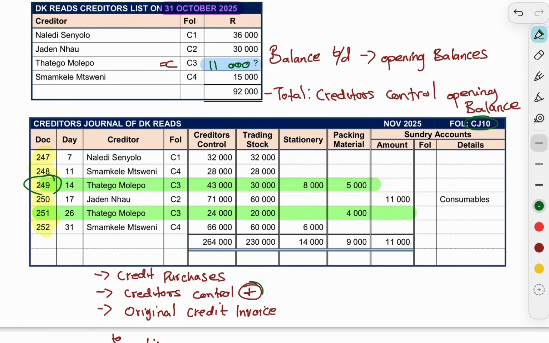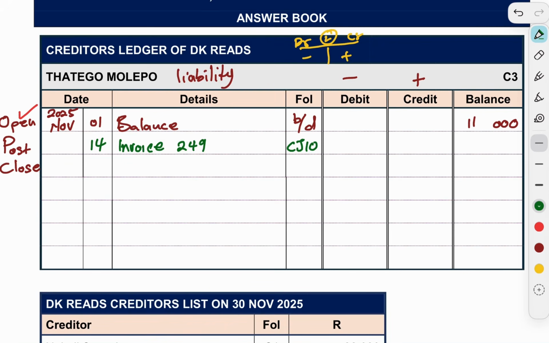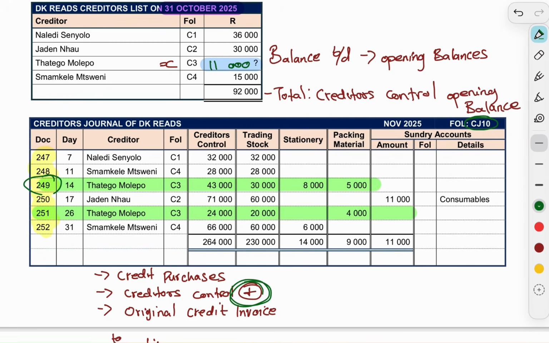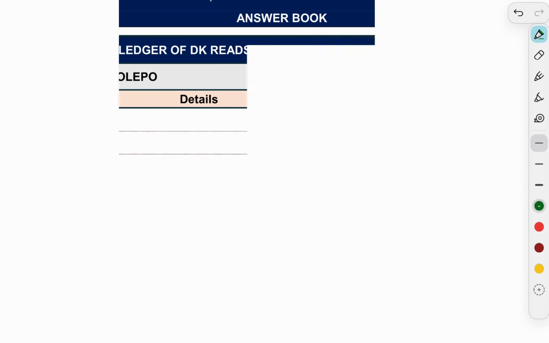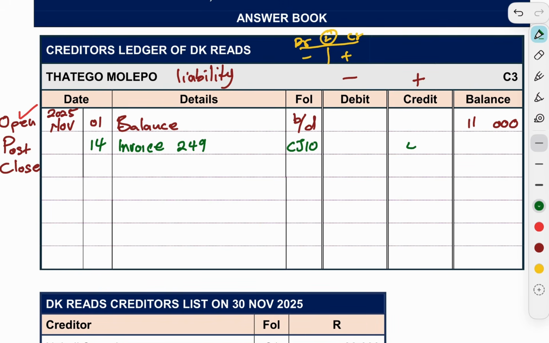When we buy, the liability account, or the creditors account, will increase. So increase by how much? 43,000. Where are we getting the 43,000 from? You use the amount from the creditors control. This is how much you spent on credit on day 14 from Tate Kgomo's business. So you're going to write 43,000 on the credit side.